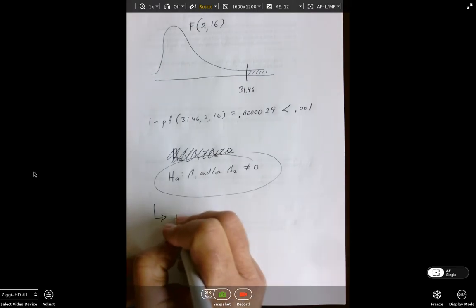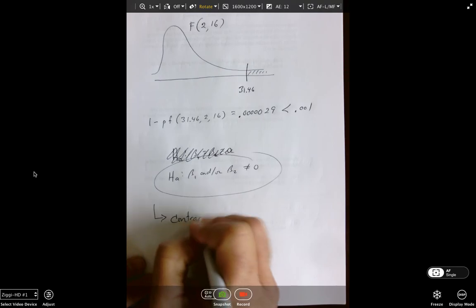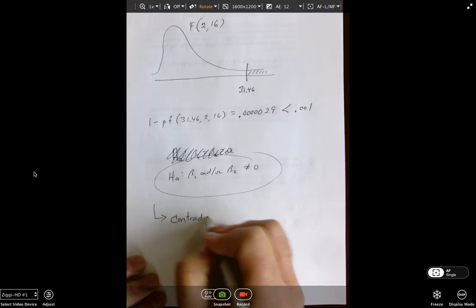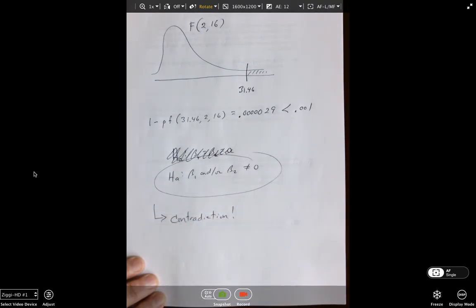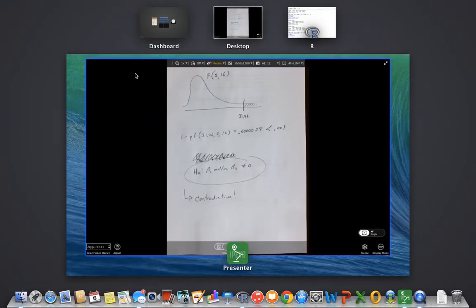But guys, this is a complete contradiction. Guys, I promise you I can spell, I just can't see. A complete contradiction of what we got when we tested the coefficients individually.